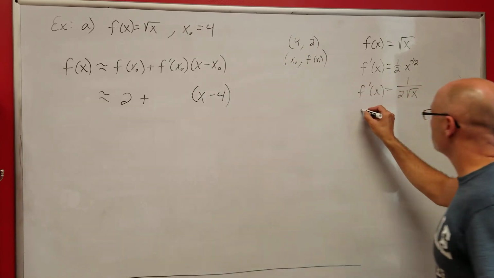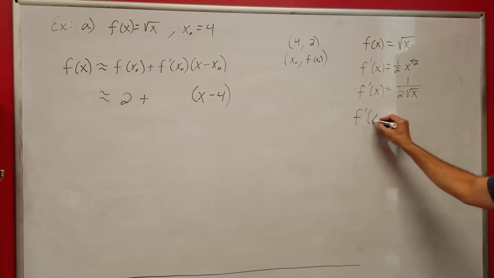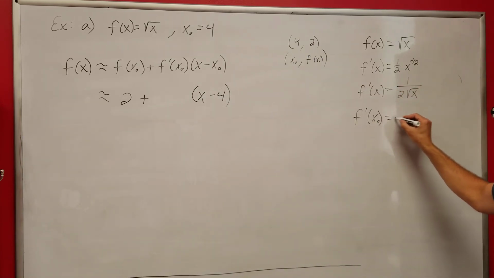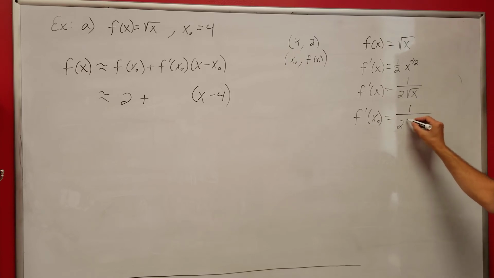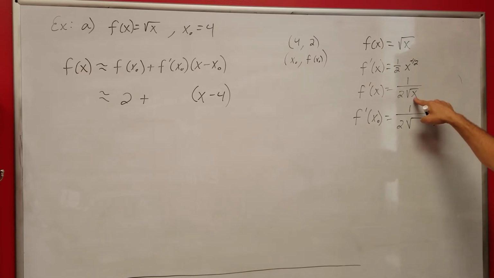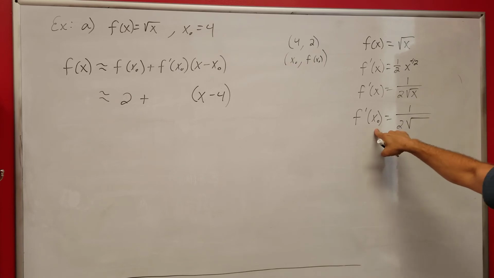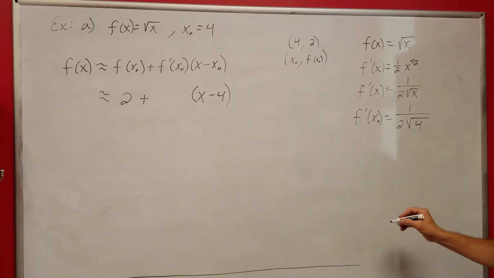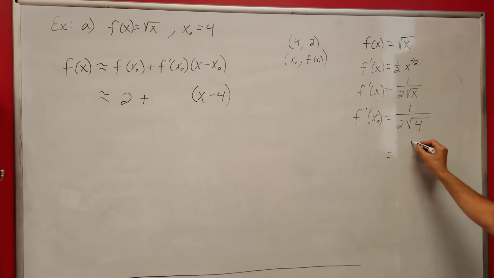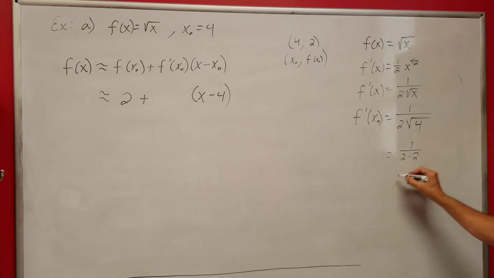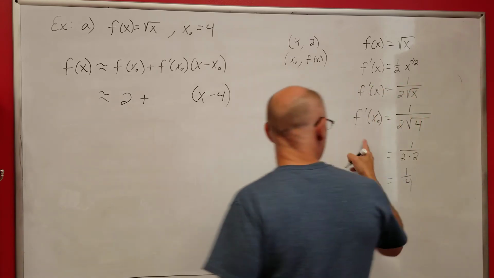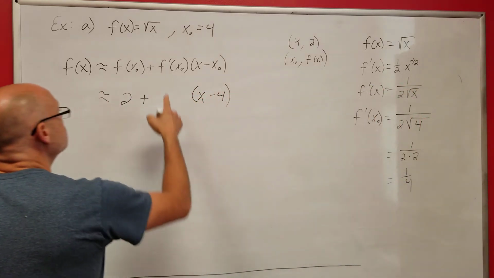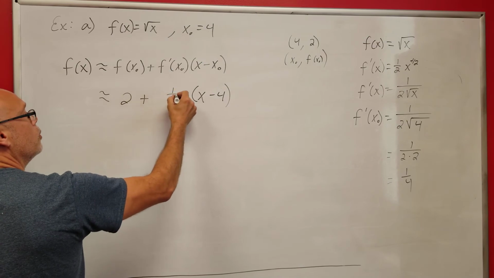So I'm going to evaluate it at x naught. That means I write 1 over 2 times the square root of, instead of x, the x naught value, which is 4. That gives me 1 over 2 times 2, or 1 over 4. So that's f prime at x naught. I'm going to put that right here, 1 over 4.